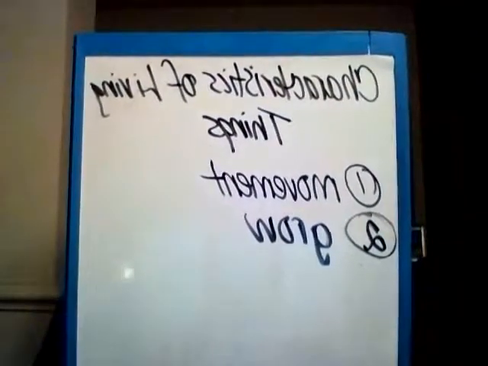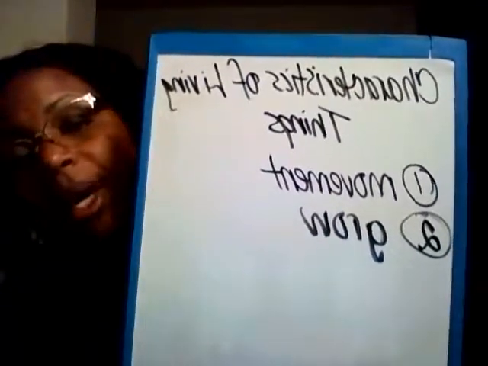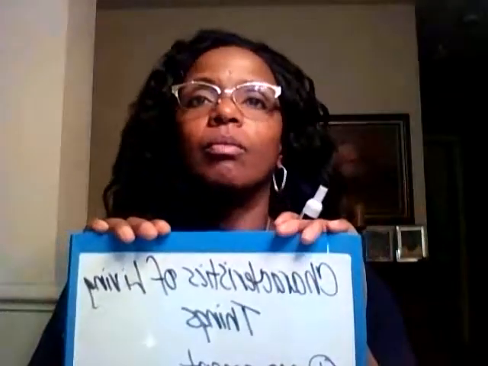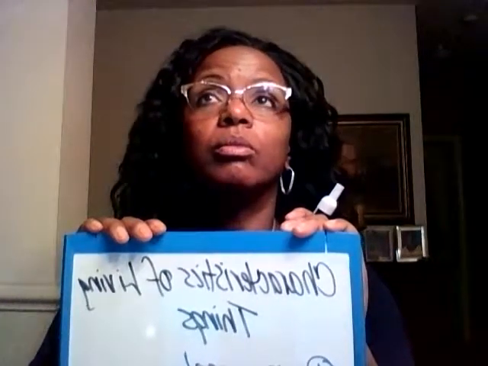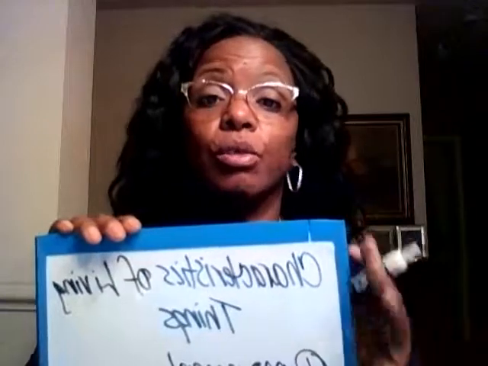The next thing, living things have the ability to grow. Think about it. We move when we're born. We eventually begin to grow. And then as we continue to grow and mature, we also have the ability to reproduce.